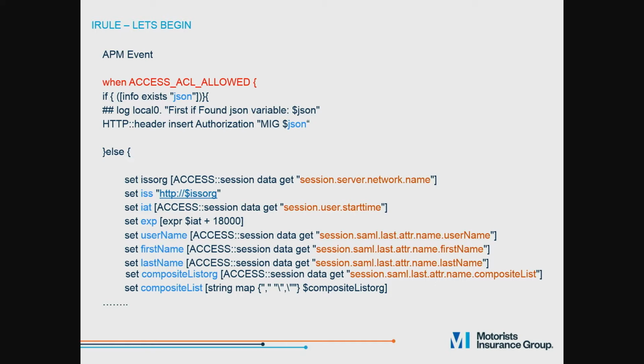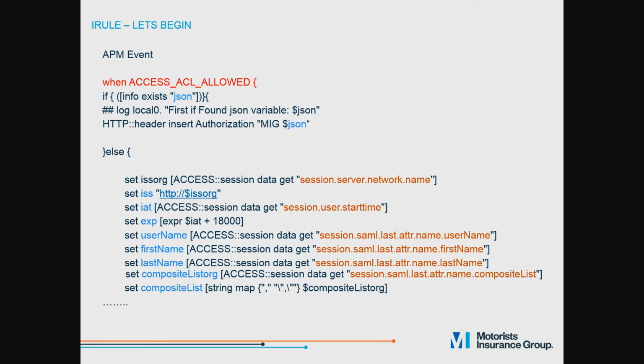Along with that, we also had to use string map. You might already know why we use string map when you want to replace something with something. So we did use string map to remove extra characters inserted by APM itself. APM inserts pipes when it's an array value.